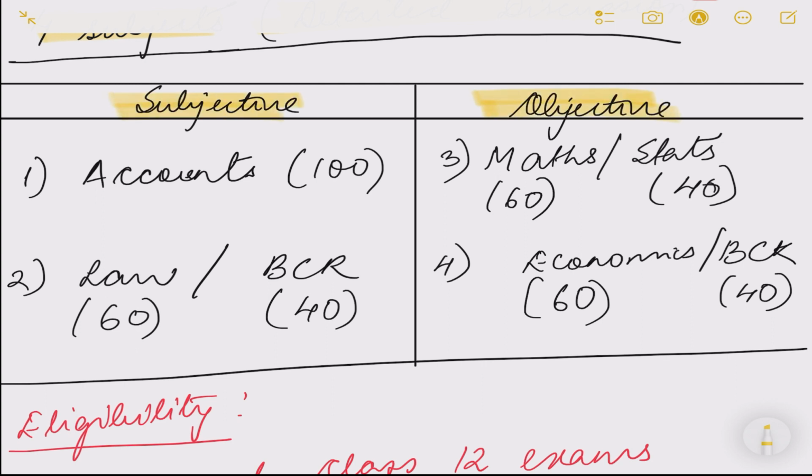In subjective, accounts, which is for 100 marks, law and BCR. Law fetches you 60 marks, BCR fetches you 40 marks. Business Correspondence and Reporting. Third subject is maths and statistics, which fetches you 60 and 40 respectively. And the last one is economics and BCK, where economics comes for 60 marks and BCK comes for 40 marks.